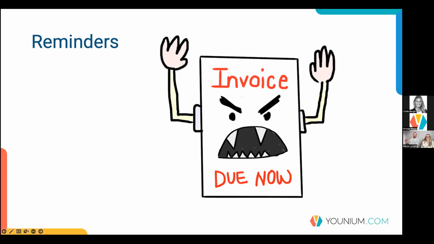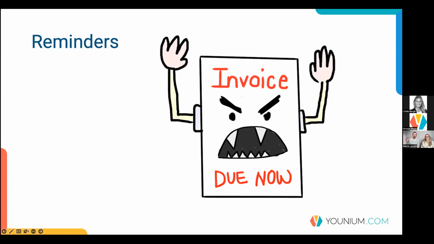You can also use the templates that we have in Younium, and those are quite powerful because a template is what generates the PDF that the customer is actually seeing, right? The invoice reminder. On that, you can extract data from the orders, from the invoice, from the account. So you can actually show different kinds of data points on the reminders as well.